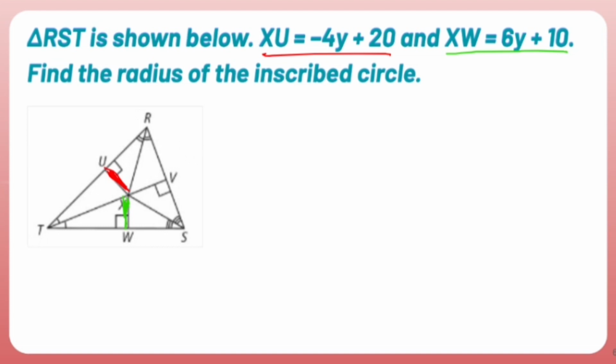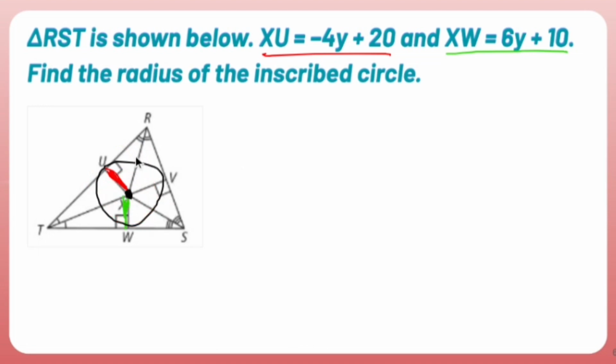Okay, this is actually going to be nice. An inscribed circle is created by connecting the dots that are created by these lines right here. If you were to draw a circle connecting these three dots, that is an inscribed circle.